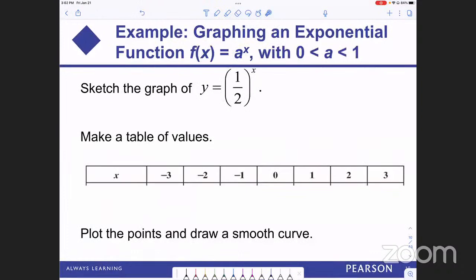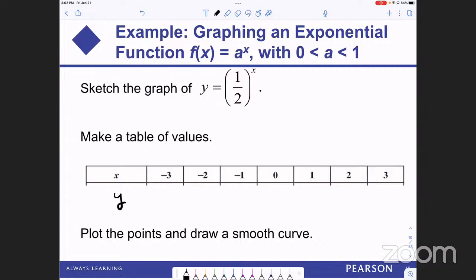Now for this one, notice that the base is between 0 and 1, so the base is a half. Let's choose some x values and find the corresponding y values. When x is -3, we can rewrite 1/2 as 2 to the power of -1. Then 2 to the power of -1, to the power of -3, is the same as 2 cubed.